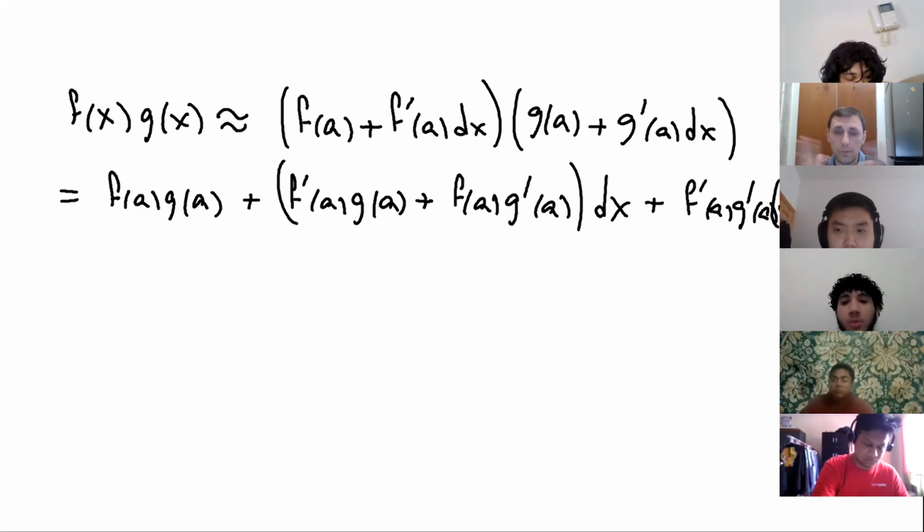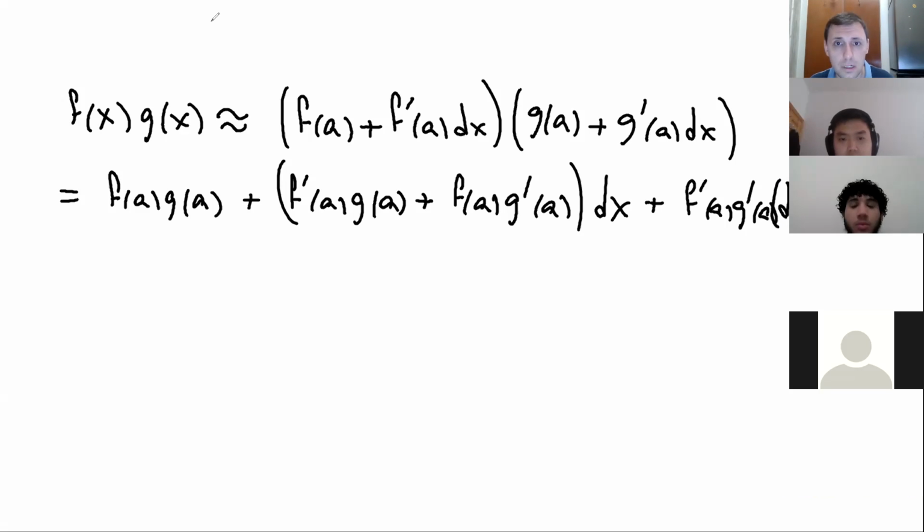Do you understand? So the smaller the dx, the less visible is dx squared, which means if you zoom in very, very close to A, there is definitely going to be a point where dx squared becomes invisible. Do you understand what I'm saying, guys? There is always a point where dx squared, no matter what, you can make invisible, which means that the linear approximation is over here.